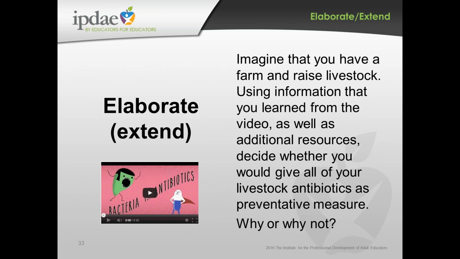Using information that you learned from the video as well as additional resources, decide whether you would give all of your livestock antibiotics as a preventive measure. And the student has to describe why or why not. This really does extend that topic that we're trying to teach.